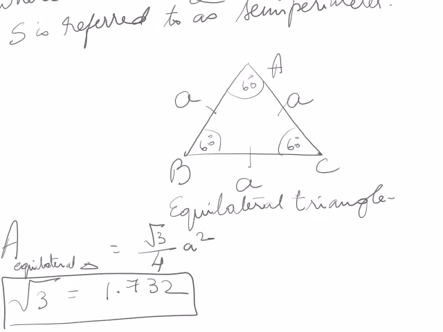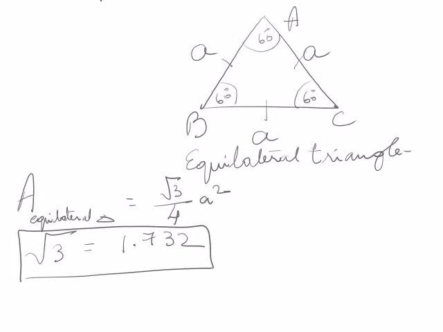If you know the side, you can calculate the area by using the formula root 3 upon 4 into a square, where a is the side of the equilateral triangle. The value of root 3 is 1.732. You must remember this value.